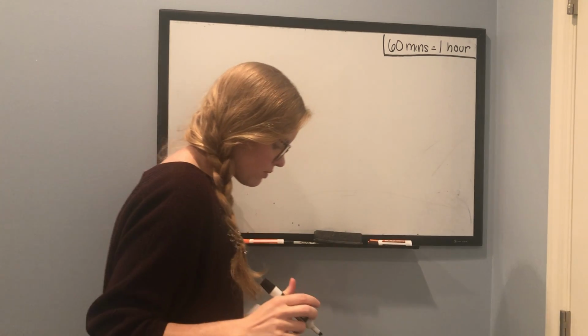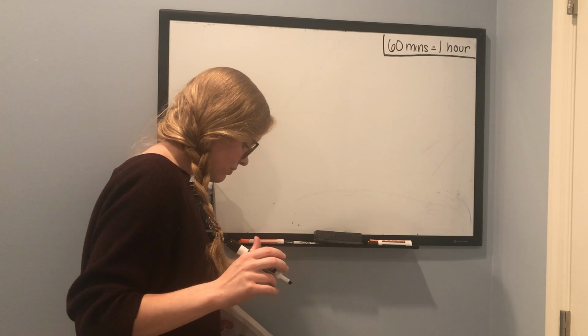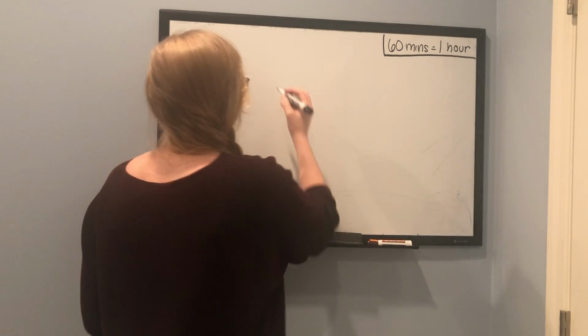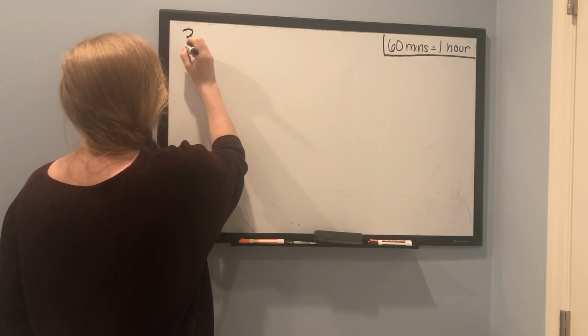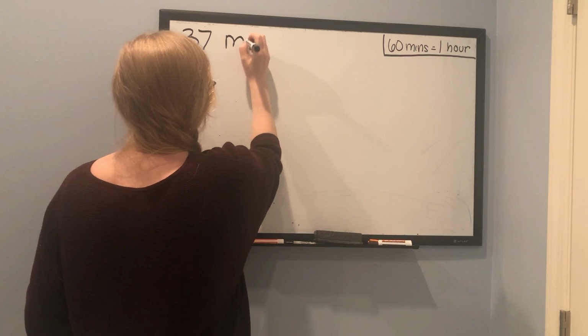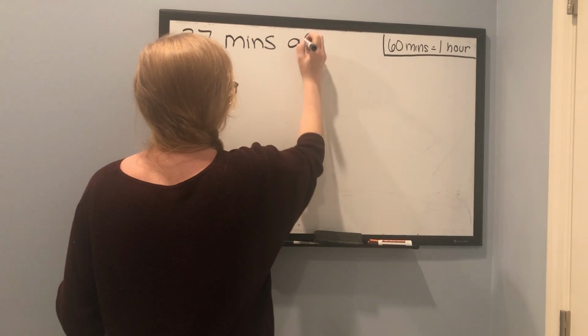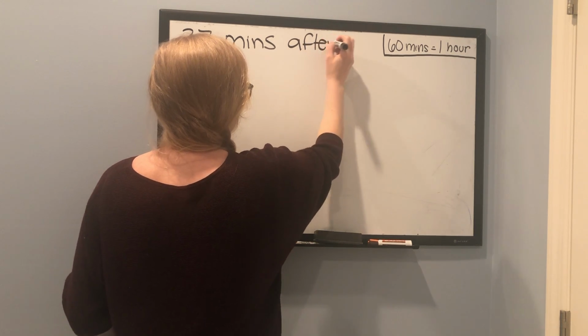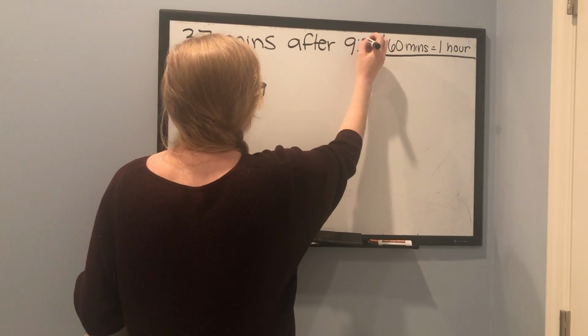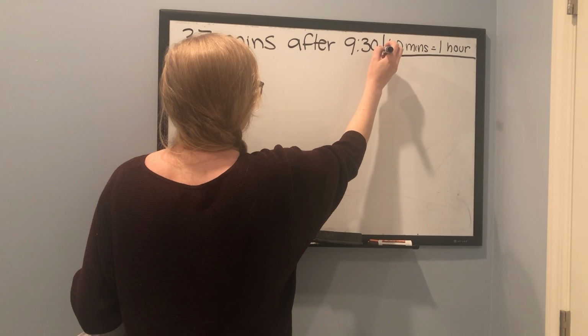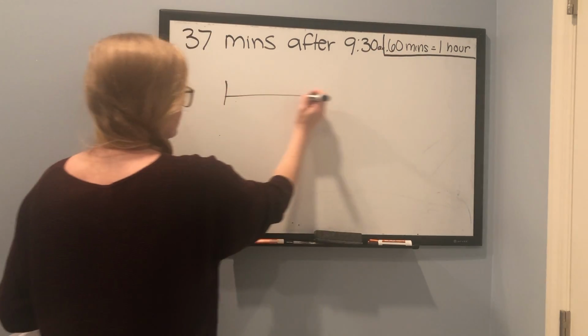So let's try it with a number line. Let's use that same problem that I came up with: 37 minutes after 9:30 a.m. Okay, so you're going to start here.